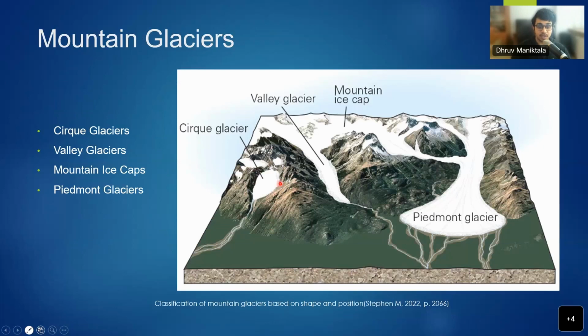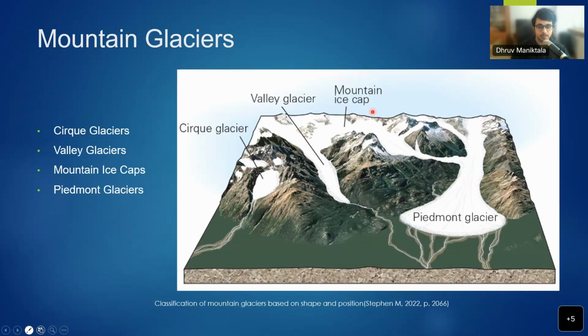And when the valleys between two mountains get filled by glaciers and ice, they are called valley glaciers. Then we have mountain ice caps, which look like they have submerged all the adjacent mountain peaks.